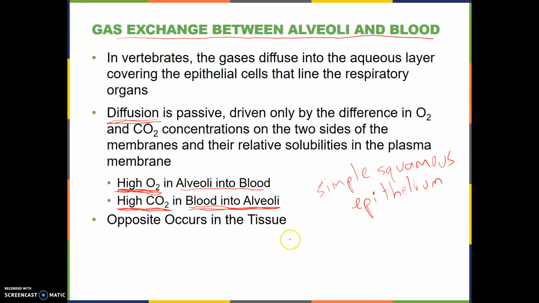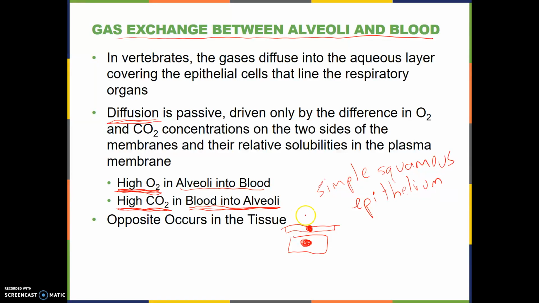So in the tissue, let's say this is a tissue cell. Here's your nucleus. And then this is a flat squamous cell of your blood capillary. Here's the nucleus of that. Your capillaries are from your blood.